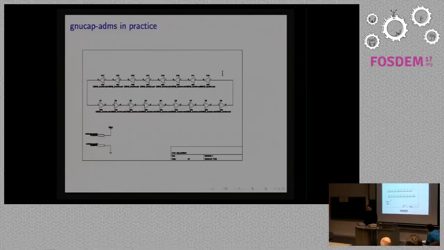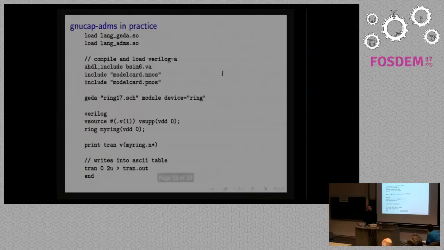Maybe next year. In practice, we have this schematic again. Here I have the unit tests in the BSIM 6 package, a 17 inverter ring oscillator. I put it into a schematic, and then you again see this batch file, and you run it, and of course you can AHDL include.